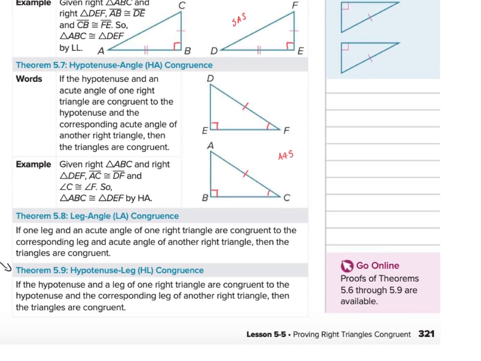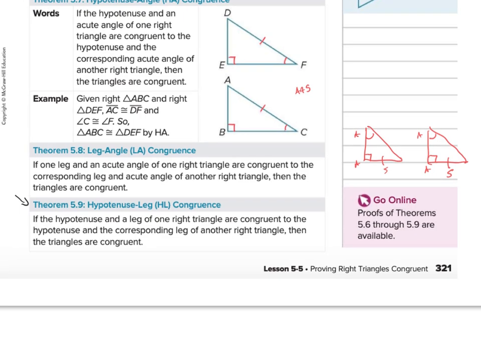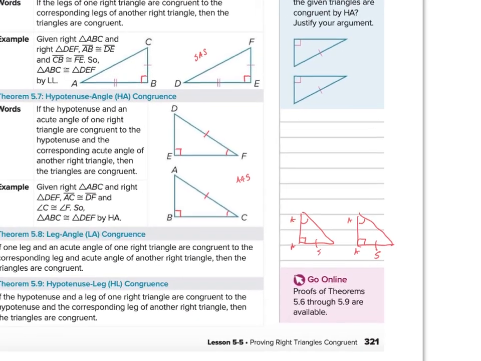Leg angle. They're saying, hey, here, leg angle looks something like this. Well, if it's a right triangle, we know this. And then they're saying if a leg and an angle are congruent, well, that looks again like angle, angle, side. So these are not new methods, but hypotenuse leg is.